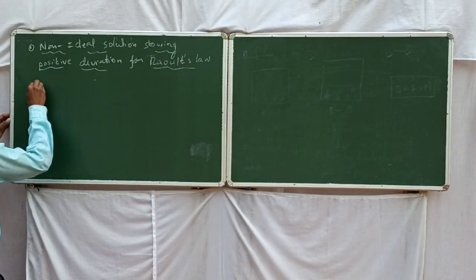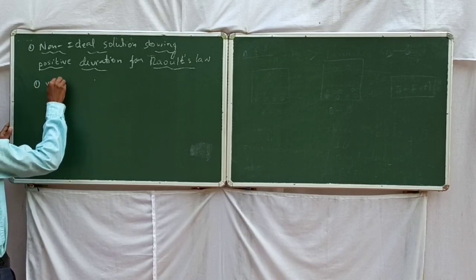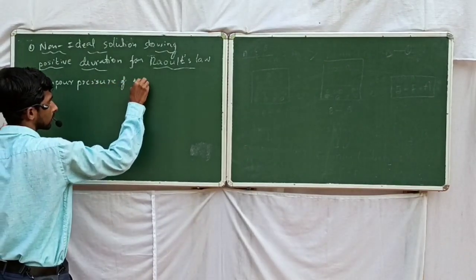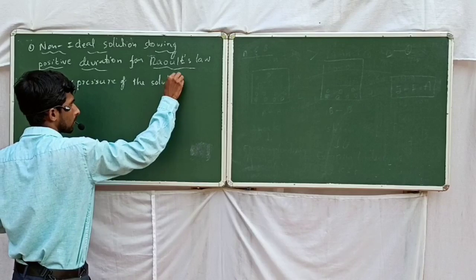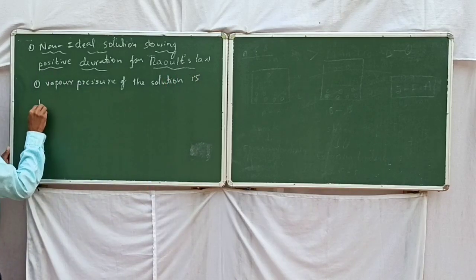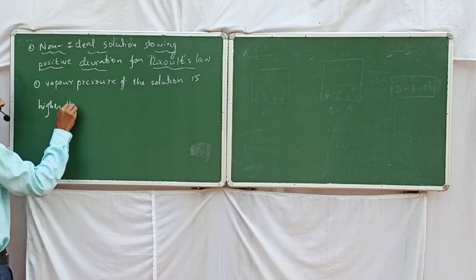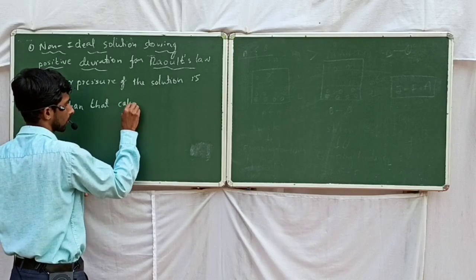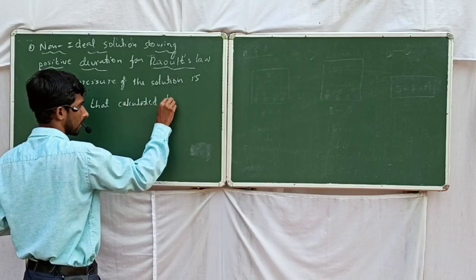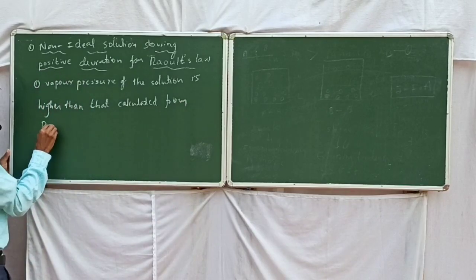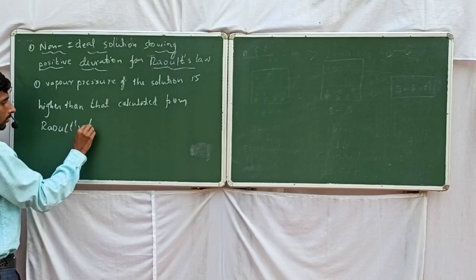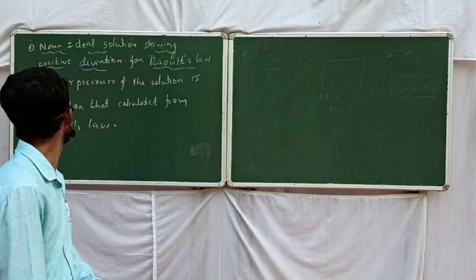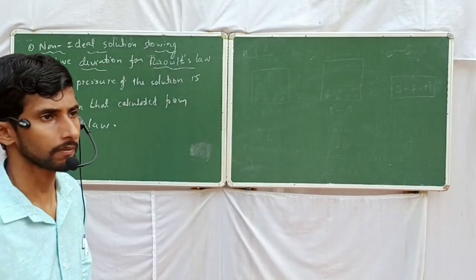So we can write the characteristic. The first one is the vapor pressure of the solution is higher than that calculated from Raoult's law. That type of non-ideal solutions are called non-ideal solutions showing positive deviation from Raoult's law.